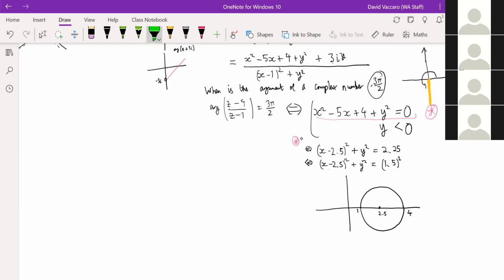And we want y to be negative. So the locus we want is this part of the circle here.